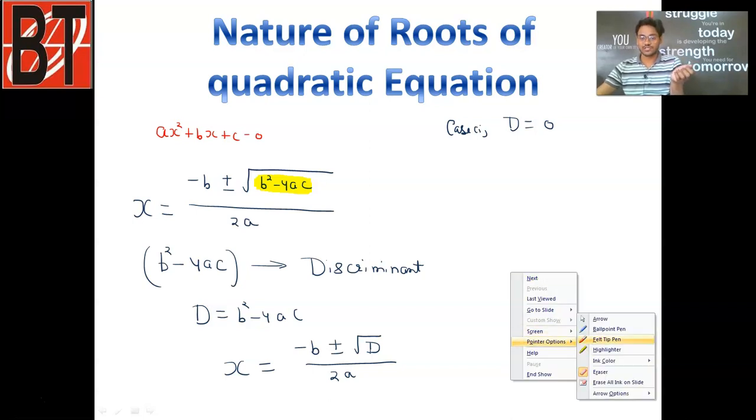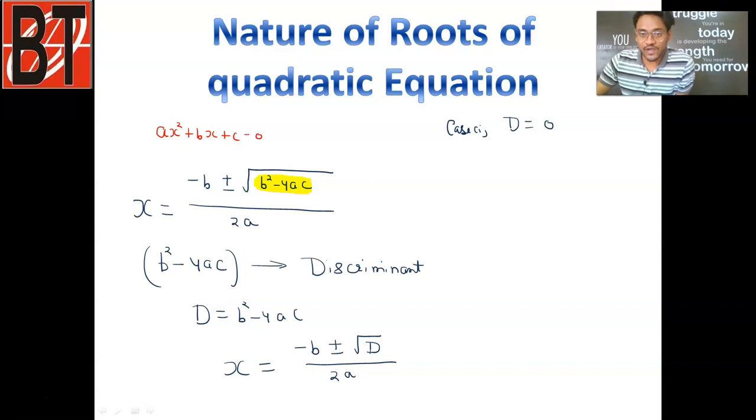Let me just show you, students. When d is greater than 0, in case number 2, I am taking d greater than 0, a positive number. So let me write, students, here x will be minus b plus minus under the root of d.